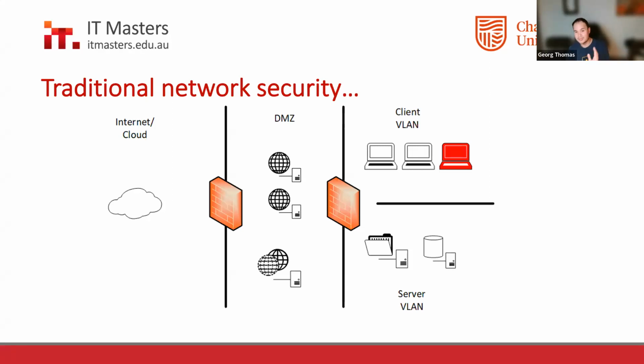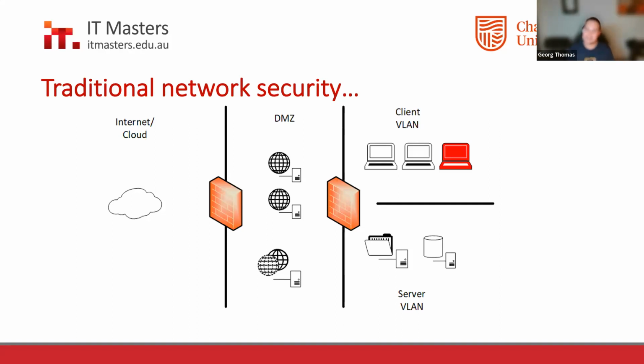Then you have another firewall, and then you've got your more trusted infrastructure and systems. So you've got your client VLAN or client zone, you've got your server zone. Now that red computer is meant to be your bad computer, the one that's got malware or a threat actor on it.